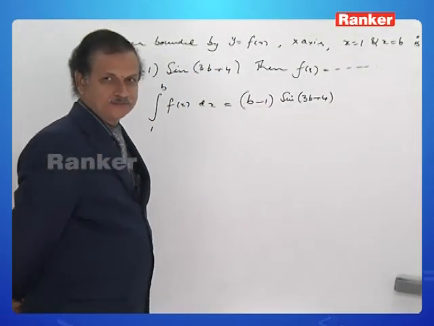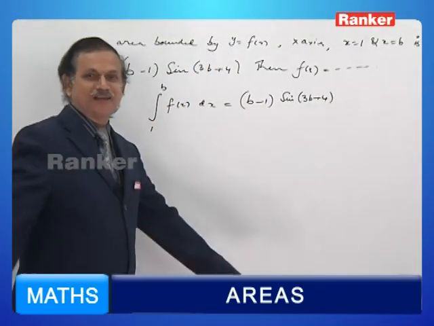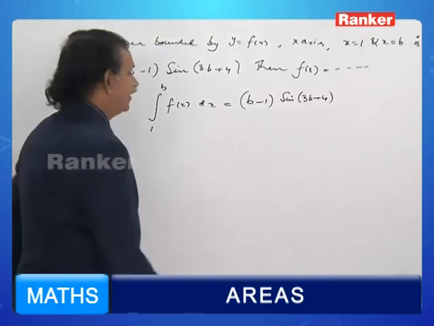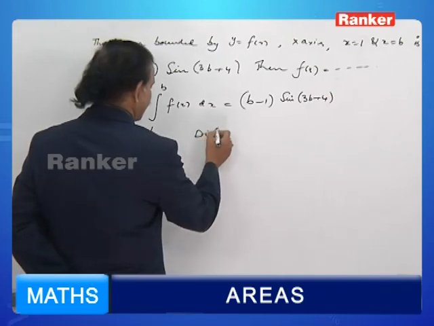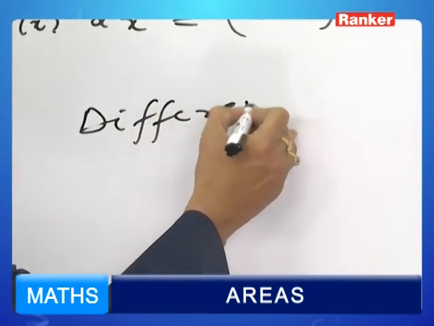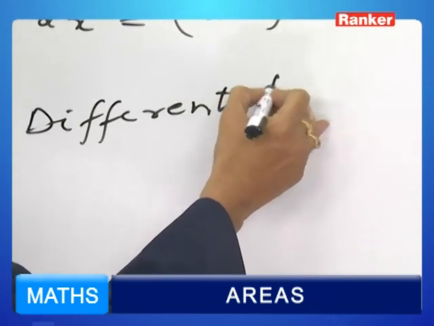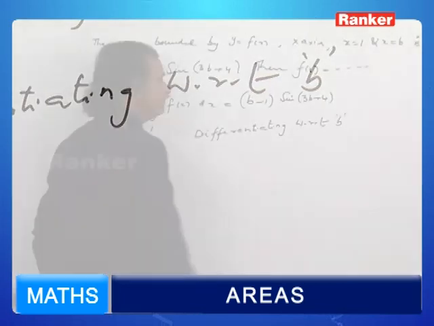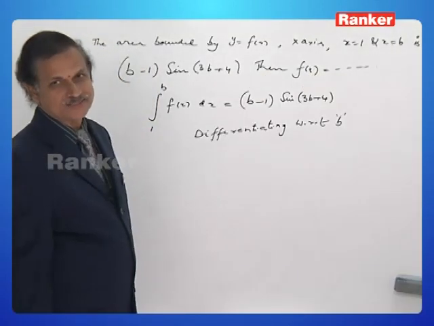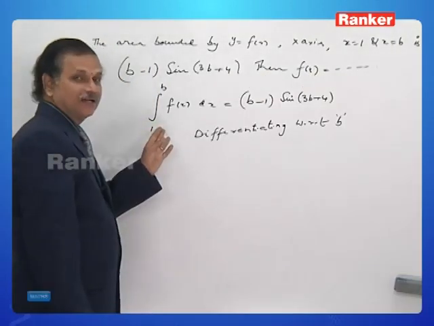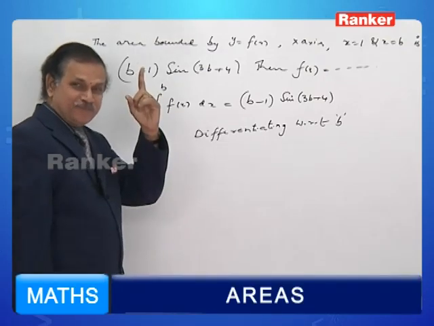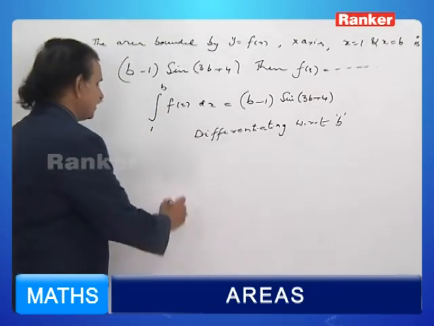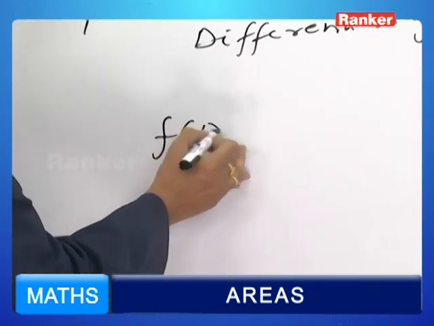Am I correct? Come on friend, tell me an idea. You think of differentiating with respect to b, treating b as the variable, on both the sides. Here, by making use of Leibniz's rule of differentiating a definite integral, this is nothing but f of b.